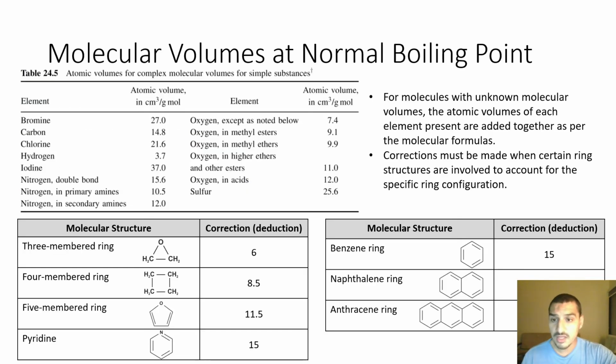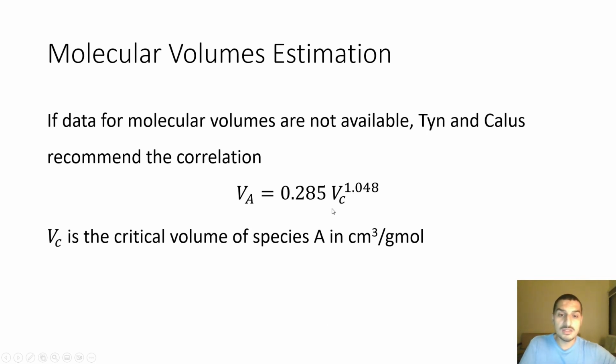In case, even after checking this table, I have a molecule that contains some elements that are not here, I can use this relation to calculate the molecular volume using the critical volume of this compound. So this is the last option, in case it's not possible to use the previous relations and the table to calculate the molecular volume.